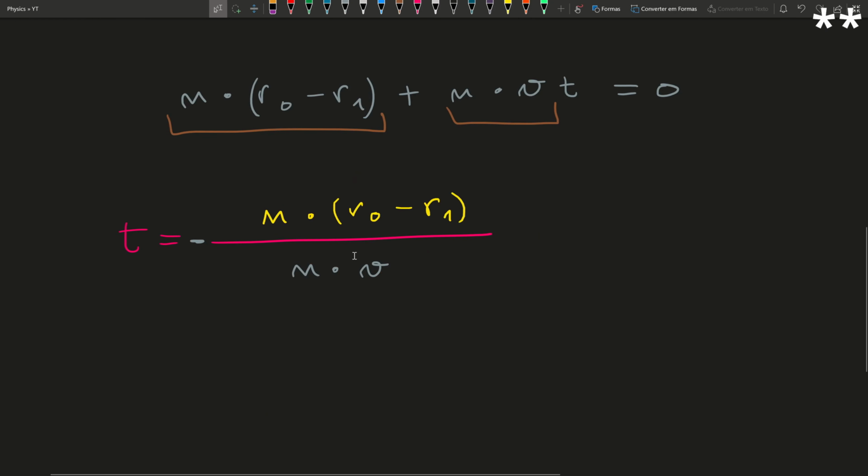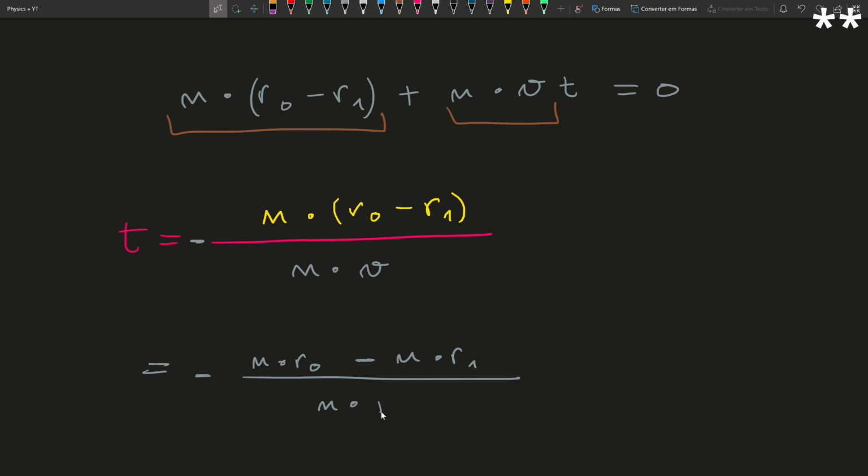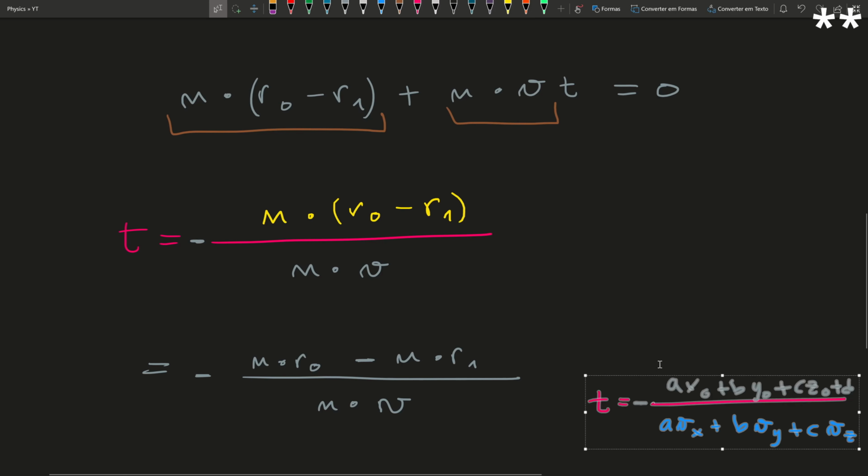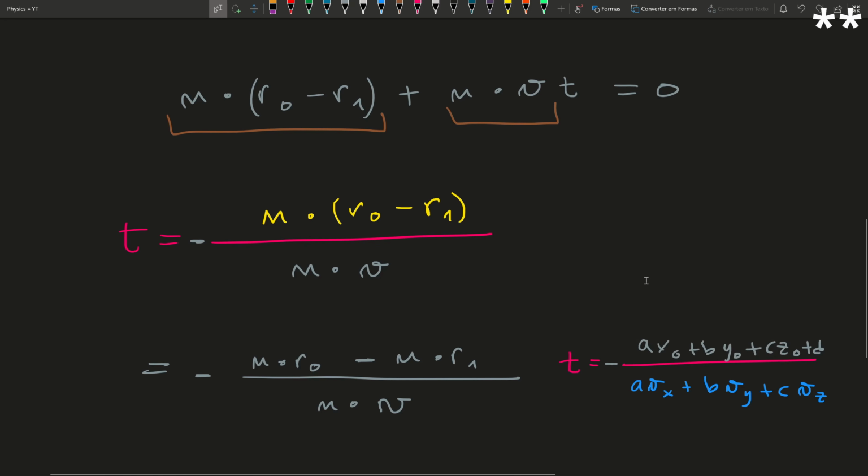It is useful to compare the formula we just derived for t with the previous one. So let's go back to our formula and rewrite it as follows. The minus sign stays, so it's n dotted with r0 minus n dotted with r1. And in the denominator we find the same thing, n dotted with v. Our previous formula is given by this.